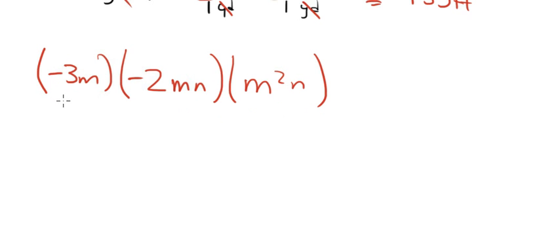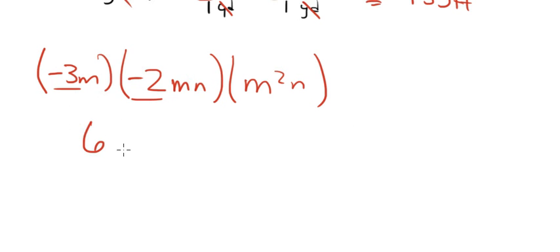So negative 3 times negative 2 is what? It's a positive 6. And a positive 6 times nothing over here, or 1, is going to be positive 6. Since there's no other constants besides the 3 and the 2, we multiply them. Two negatives equal a positive when we're multiplying, so that's going to be a positive 6.